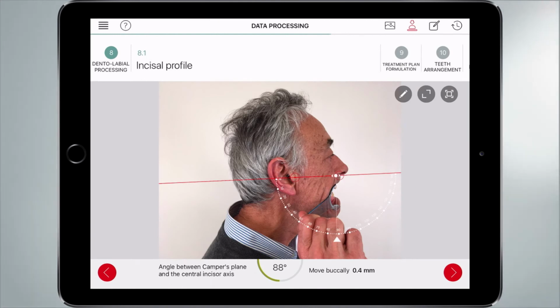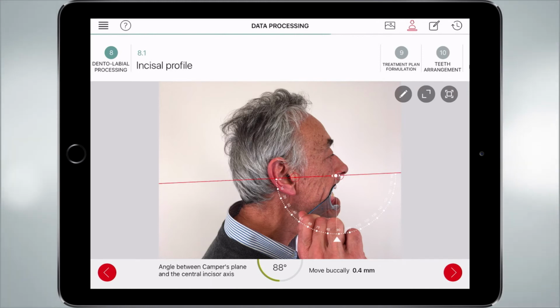What that means is the angle between the campus plane, that normally is parallel to the occlusal plane, and the central incisor long axis. So that helps you in detecting the long axis of the upper anterior teeth, whether they are well positioned or not. So we can try to modify.